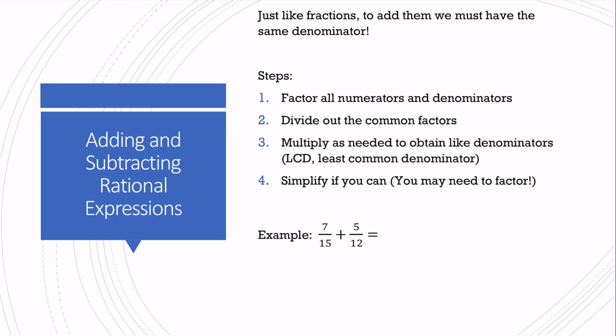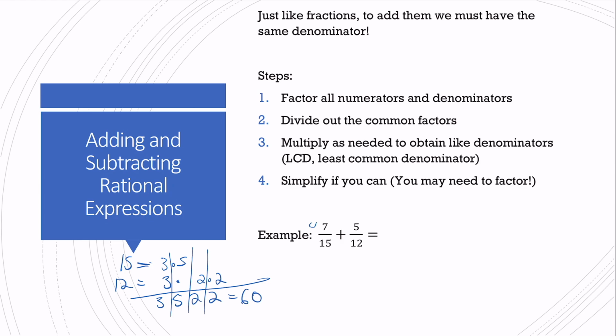So for example, if I have 7 over 15 and 5 over 12, 15 factors into a 3 and a 5. 12 factors into a 3 and a 2 and a 2. So I say, okay, my least common multiple is going to be 3 times 5 times 2 times 2, which is 60.